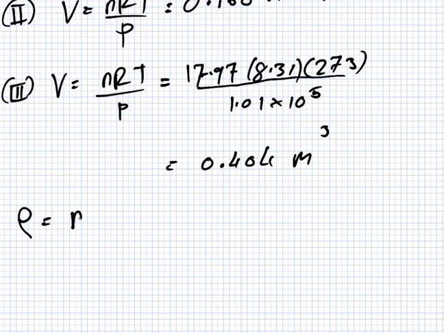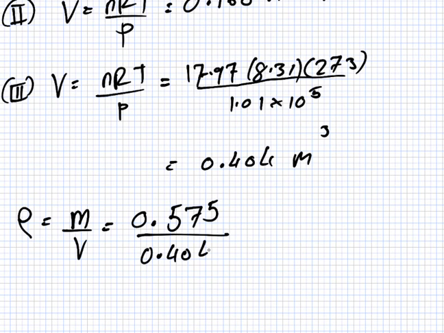Density equals M over V. Yeah, and what's the M in this question? 0.575. And the volume is 0.404. Mass is given. So as we were saying yesterday, it's about 1. It's a little more than 1. And in fact, that's the type of number you would expect, considering that water is 1,000 kilograms per meter cubed. It's quite small, actually.